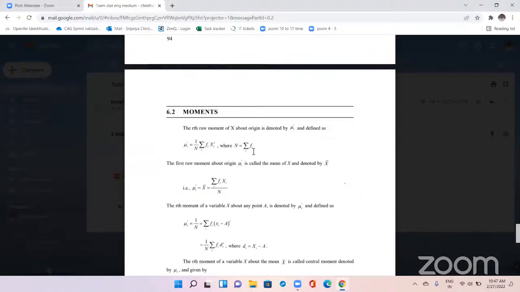Again, listen here once again. Heading: moments. Subheading: non-central moments. Moments have two parts. Number one is non-central moments. Write the definition.